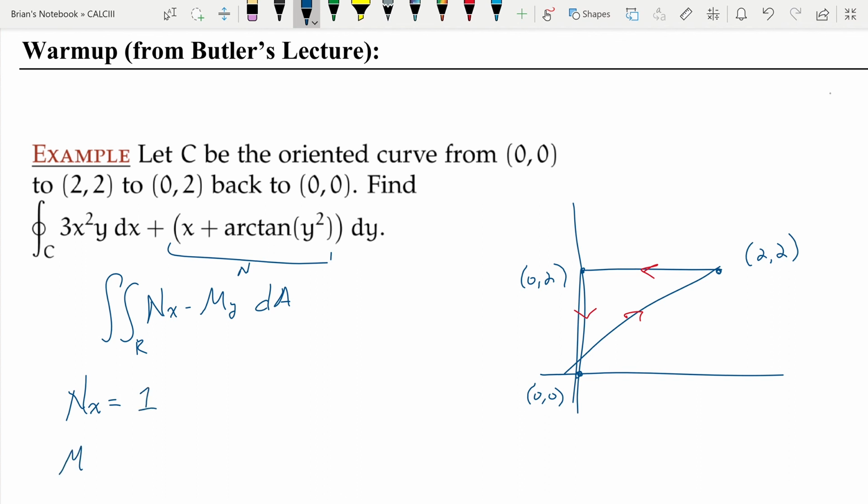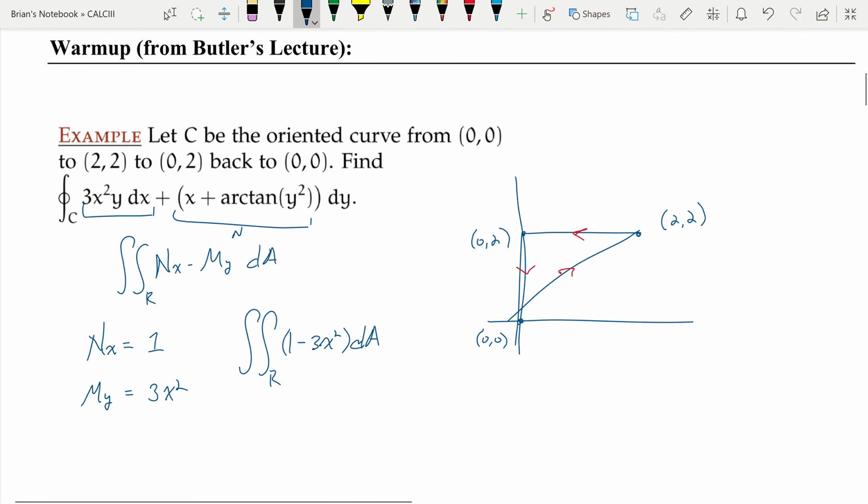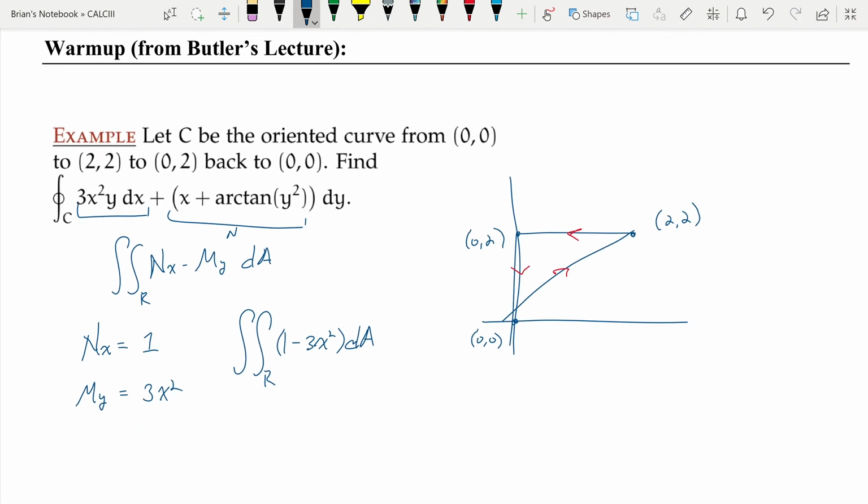Now M_y: we take the derivative of M with respect to y, and we get 3x squared. So now our integral just looks like, across the region, 1 minus 3x squared dA. And now for these problems, sometimes you'll get a shape that you might not necessarily be able to integrate easily. We might have to change it to polar.